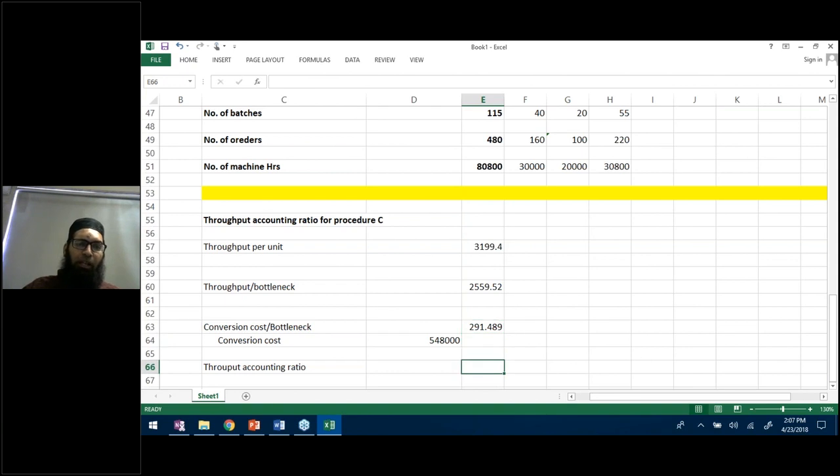And finally, I will be calculating the throughput accounting ratio with the formula throughput per bottleneck divided by the conversion cost per bottleneck. And so the answer will be 8.78.